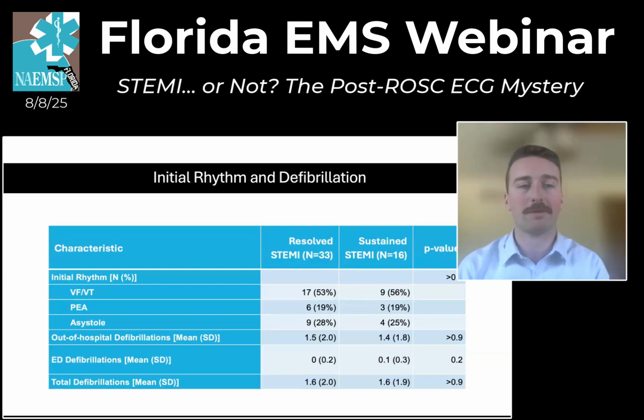For our STEMI patients, there was no association with resolution of STEMI when you look at initial rhythm and the number of defibrillations received, either in the pre-hospital or emergency department setting for those patients with ongoing resuscitation, as well as the cumulative dose of defibrillation, which did not appear to be associated with resolution of STEMI.